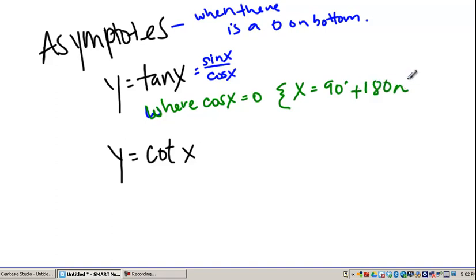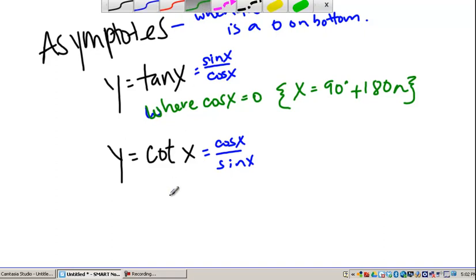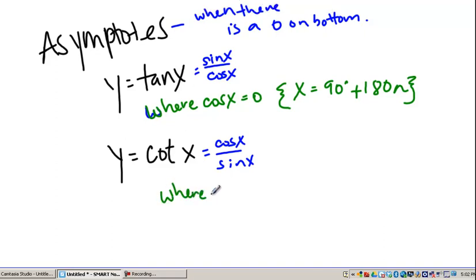So it could go on forever, depending on n. Same with cotangent, except cosine is on top and sine's on the bottom. So it's where sine of x equals 0, which is when x equals 180 times n.